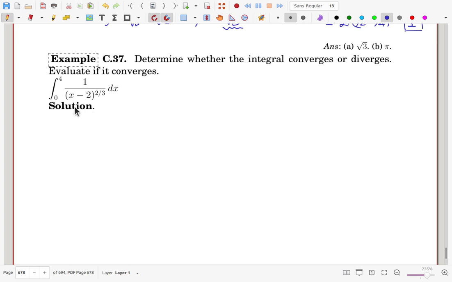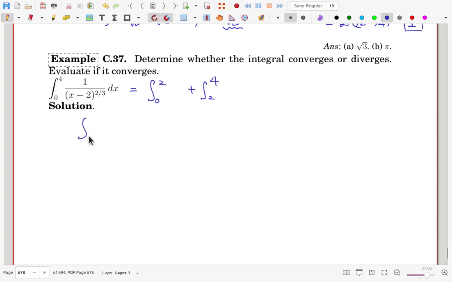Of course, at 2 the value becomes infinity. But anyway, here you have to write this down separately, from 0 to 2 of the integrand, and then from 2 to 4. So case by case, you have to find the n.